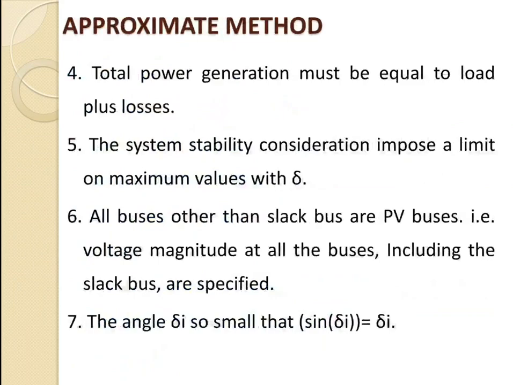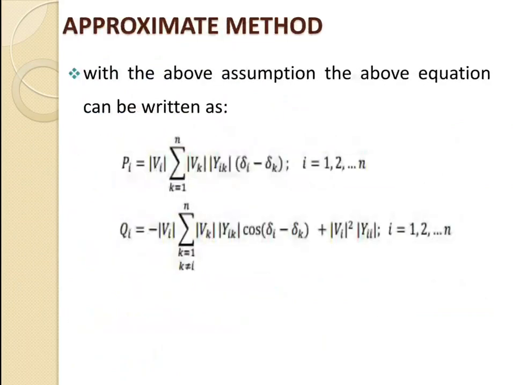Based on the above assumptions, we get the equation for the active power and reactive power. The active power is given by Pi equal to Vi, summation of k equal to 1 to n, Vk Yik (delta i minus delta k), where i equals 1 to n.